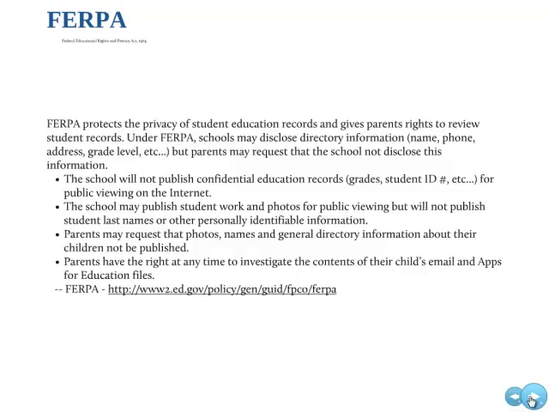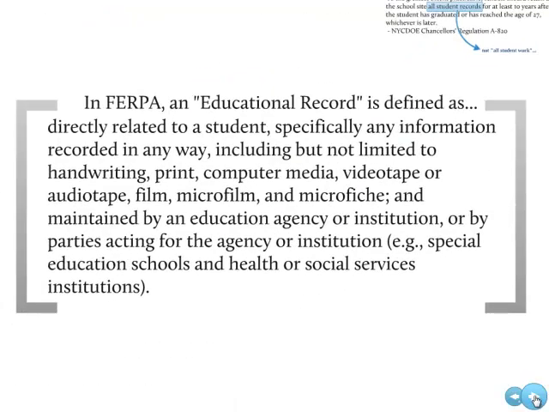It also deals with the right to inspect. So if a child's parent requests that they can go into their email account or their docs, it says that they have the right to do so. So, defining an educational record, FERPA defines it pretty broadly.